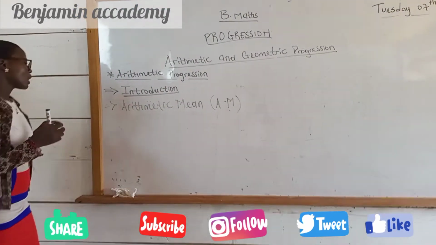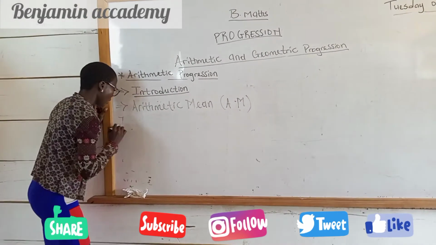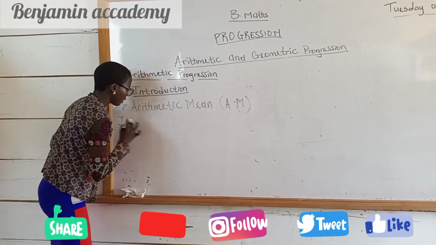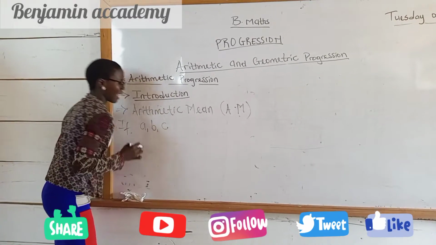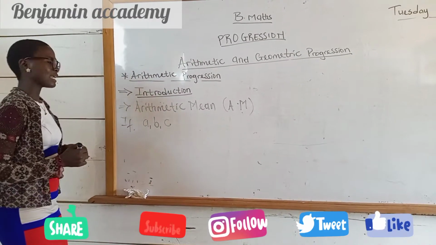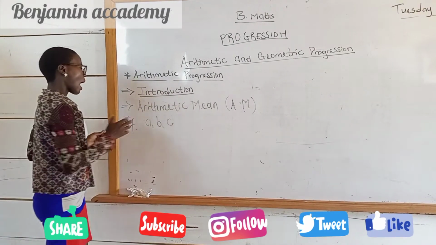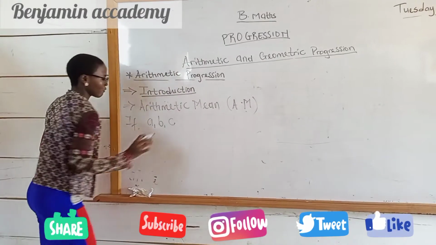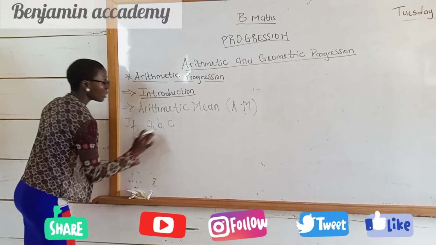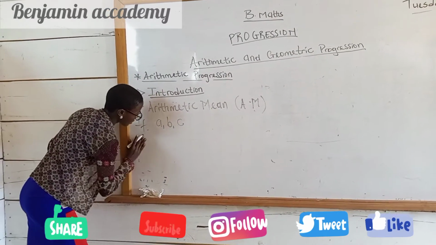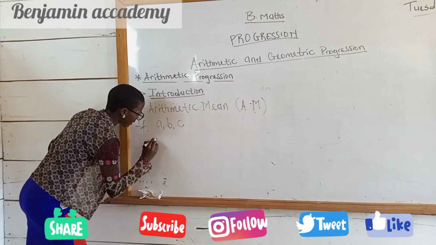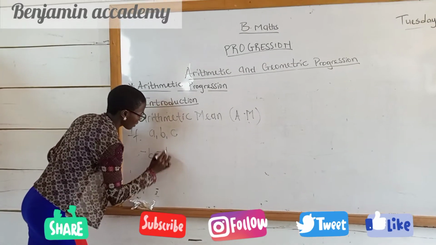Let's just say A, B, and C are three consecutive terms in an AP, and we know that for us to have a common difference here, we know that C minus B is equal to B minus A.